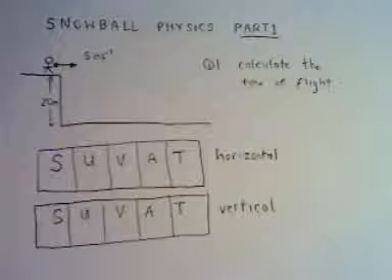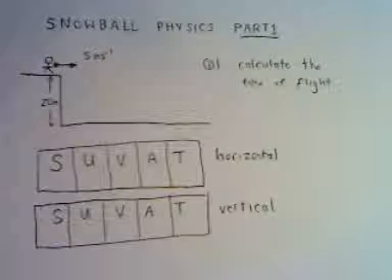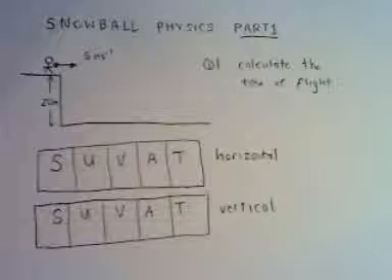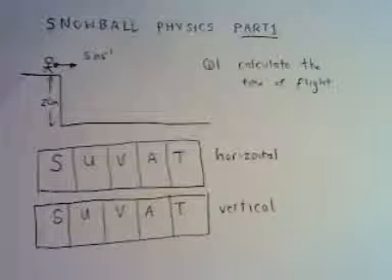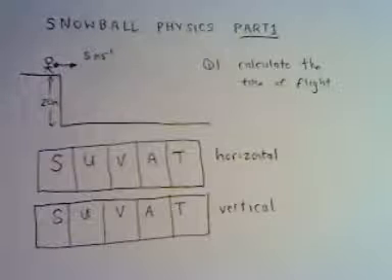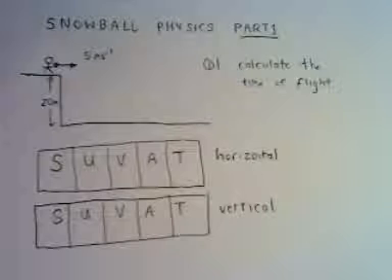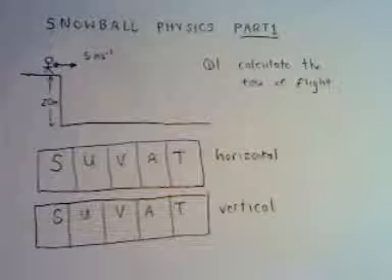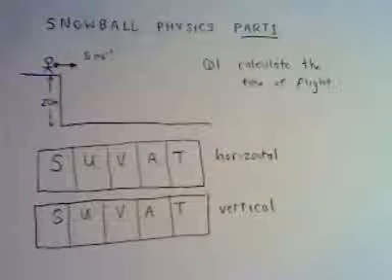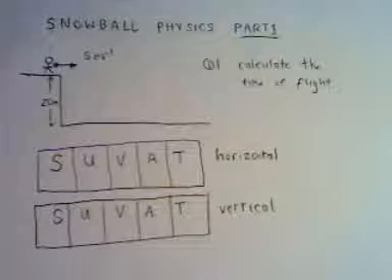Now what information can we add into those grids? If I ask a question on these videos, if you want them to be interactive, what you could do is pause them, give it some thought, and then replay and see what I've said. So what information can we add in the grids? Well, normally in a physics projectile question we assume that there's no air resistance. In fact, we assume that there are no forces except gravity.